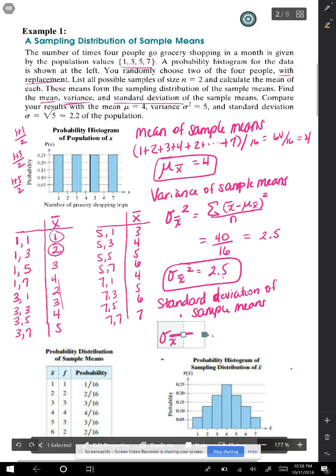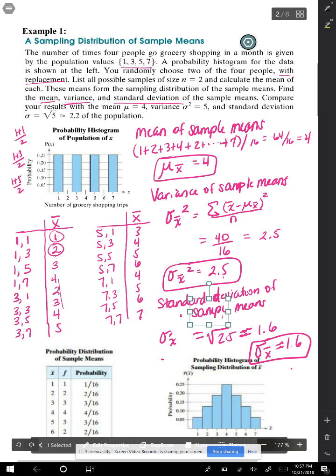So that's going to be the square root of that number that we just found, which was the square root of 2.5. And that's going to come out to approximately 1.6 when you take the square root of 2.5. So it's approximately 1.6. So that is our standard deviation of the sample means.